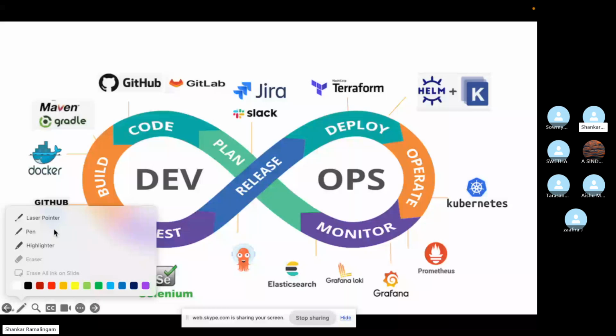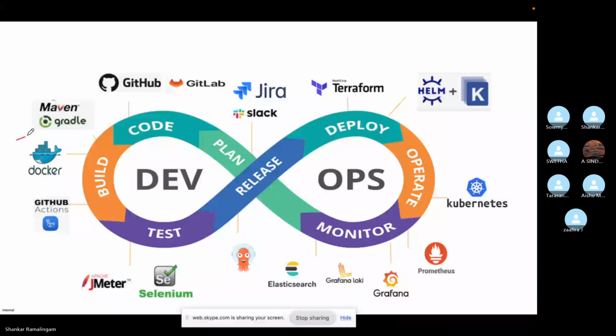So you could see that it is coming in the build stage, correct? Can anyone tell me what is the absolute necessity for Docker here when we say build and then Docker?